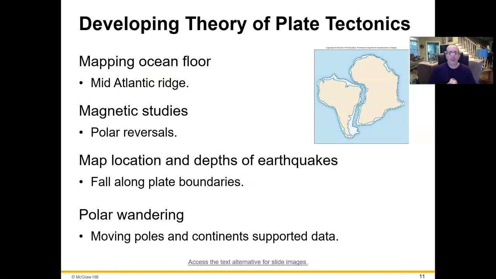So there are several ideas that really pushed this evolving theory of plate tectonics back in those days. We were able to have technology to start mapping the ocean floor. We can look at what are called ridges under the ocean floor. These are divergent plate boundaries.